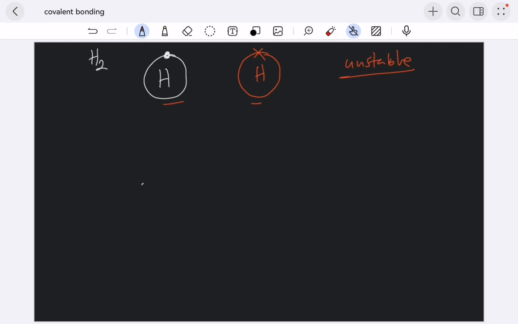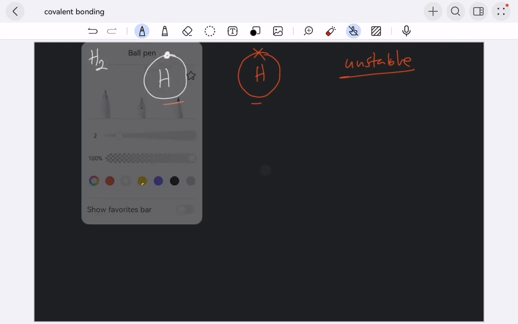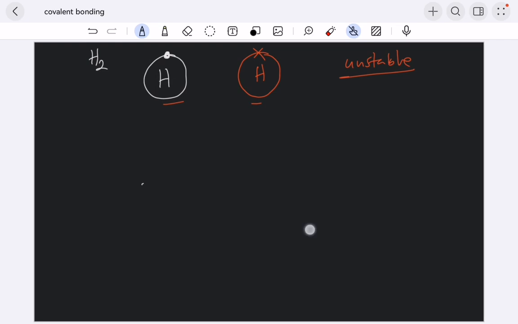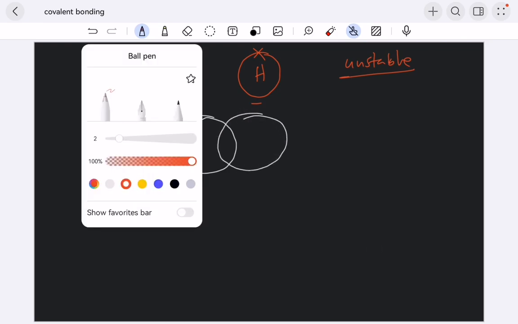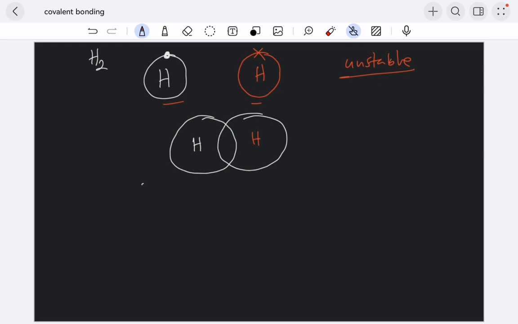So they come together and they share the electrons according to their valency. So this hydrogen will overlap the outermost shell of the other hydrogen. So this one will put in that, and the other one will share this.